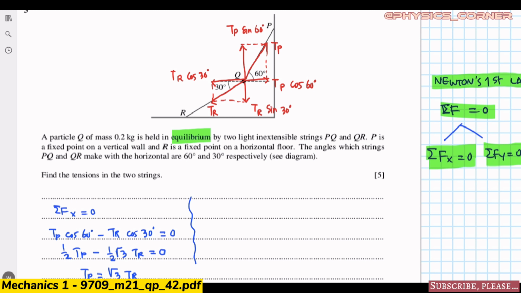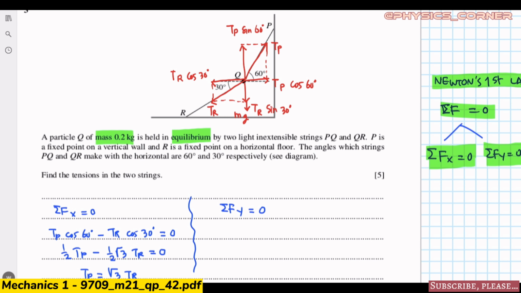Now on the y, total force on the y equals 0. We have another force, the weight, because we have 0.2 kilograms. So we can put also here plus mg.